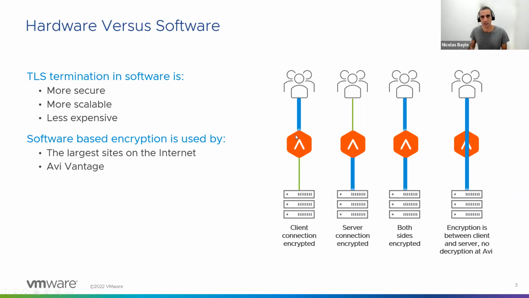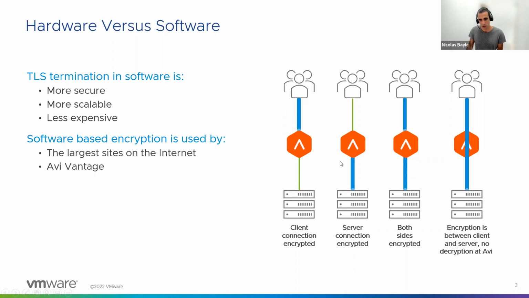So having said that, here you have different scenarios that you can use for your SSL TLS use case. For instance, you have the client connection encrypted. So as you can see here on the first one, there is a TLS session between the client and the load balancer.